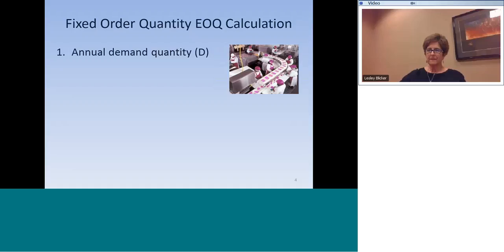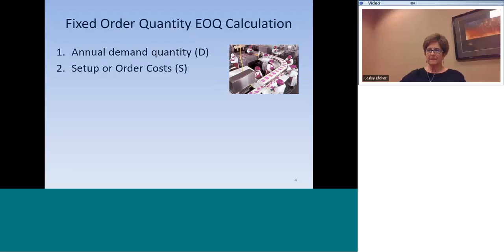Now, sometimes in your homework problem, it might be expressed as an annual usage or even an annual sales figure. If you are given a problem with either of those terms, you can assume that that is the same as demand.